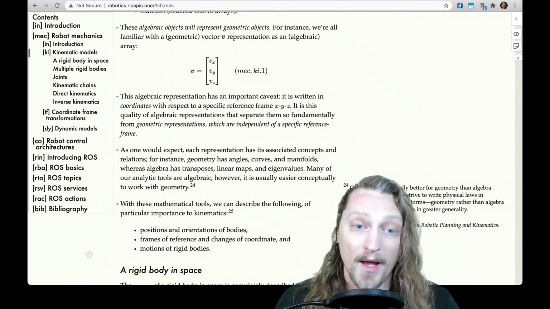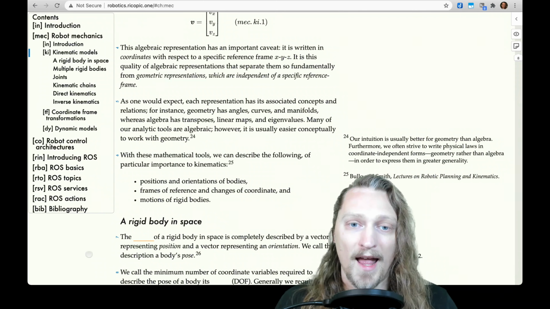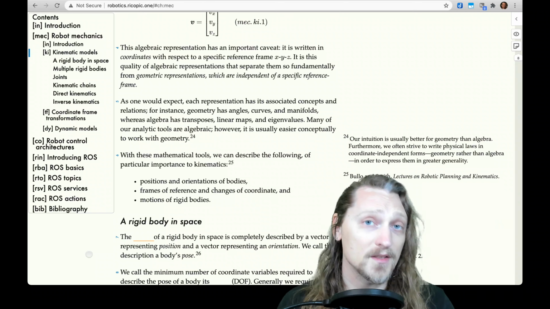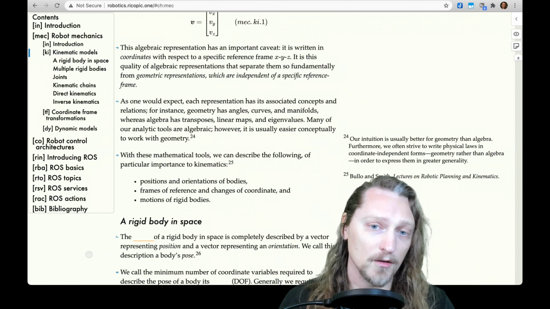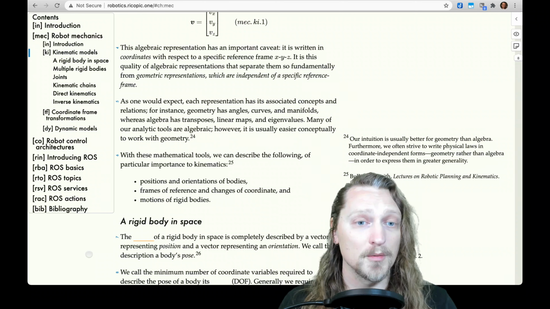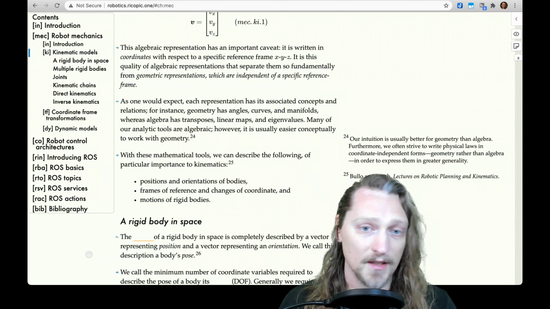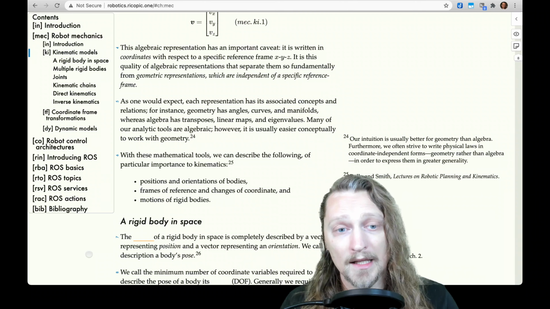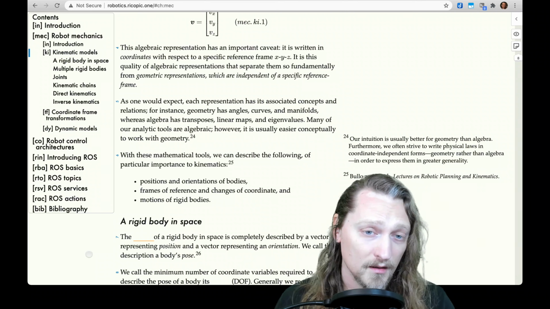As one would expect, each representation has its associated concepts and relations. For instance, geometry has angles, curves, and manifolds, whereas algebra has transposes, linear maps, and eigenvalues. Many of our analytic tools are algebraic.